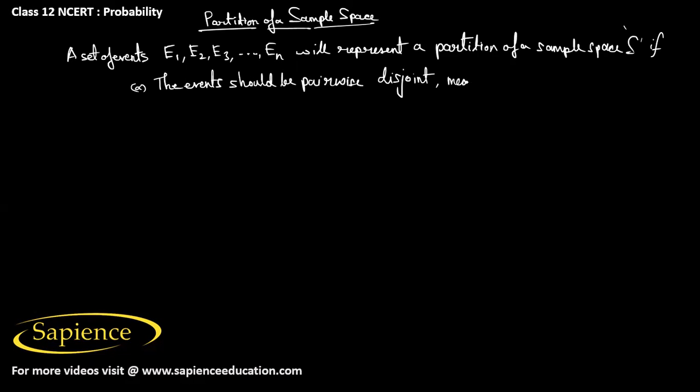It means Ei intersection Ej should be equal to phi for i not equal to j, where i, j can be 1, 2, 3 till n. So out of these n events, if we take the intersection of any two of the events, then it should be equal to phi. Then we will say that the events are pairwise disjoint.